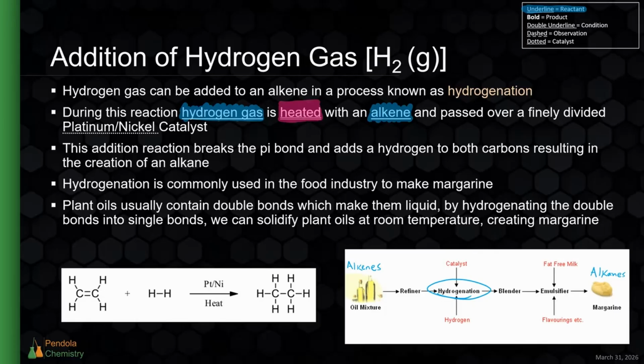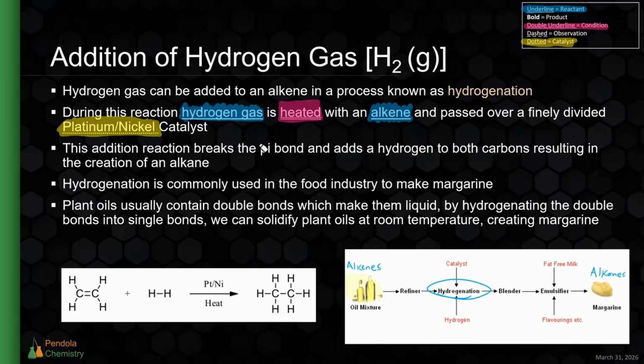Once we do that, we are going to pass this mixture that has been heated as our condition, right? Because heating is a condition. And we are going to pass it over either a platinum or a nickel catalyst. Now, this is not platinum and nickel. This is an or. It could be a platinum or a nickel catalyst. Both of them will work. And again, this has a dotted line because it is a catalyst for the reaction.